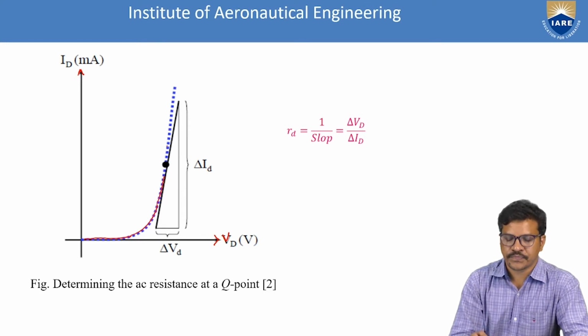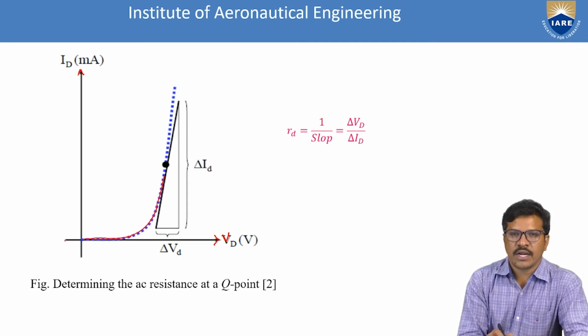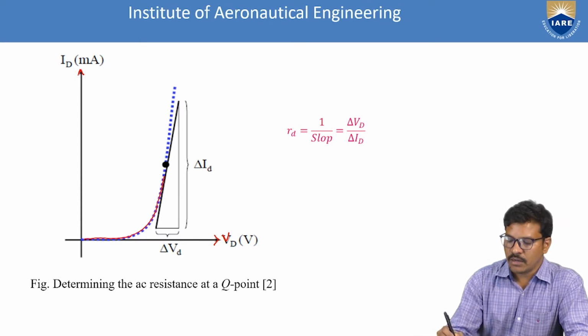So below the cut-in voltage, little current flows. After the cut-in voltage, current flows exponentially in the PN junction diode. And this is about the characteristics of the diode.